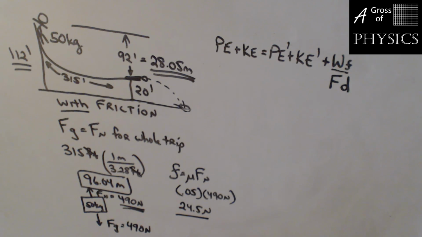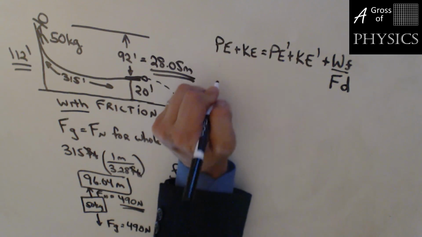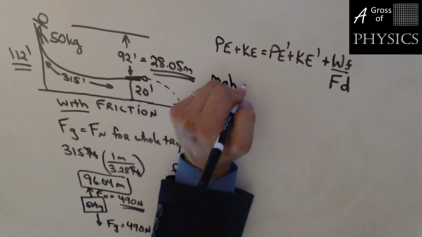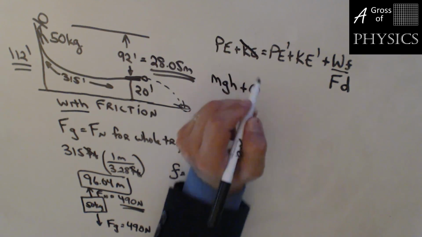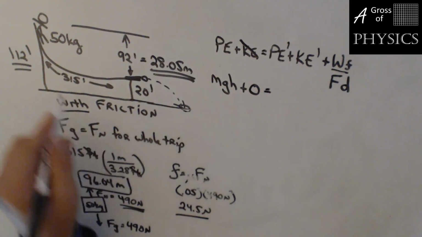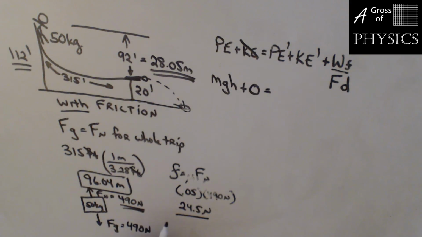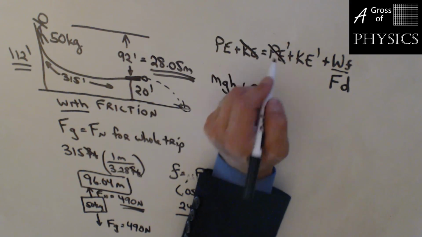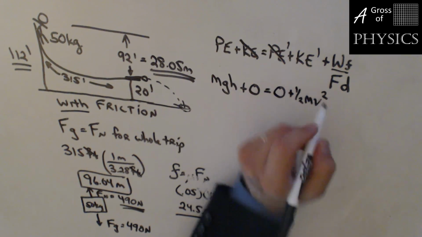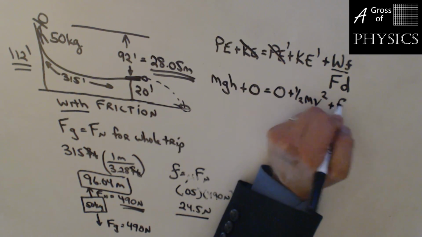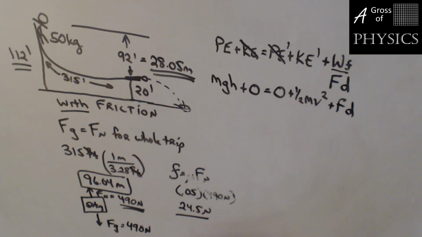Now, we still have to think about what type of energy we have at the top so that we can simplify some of the pieces of the equation. It has potential energy, so we're going to have that term mgh plus the kinetic energy, if we start at rest, is 0, equals, if we call the bottom of the problem 0, potential energy disappears, plus 1/2 mv squared plus Fd for the friction term.